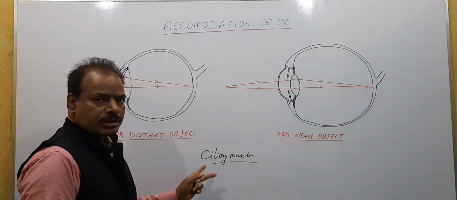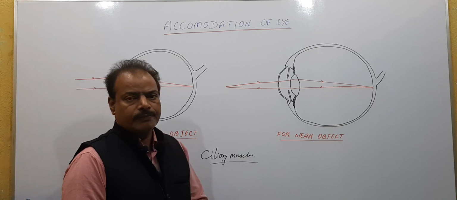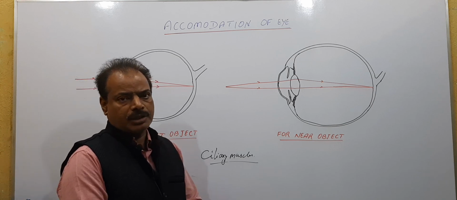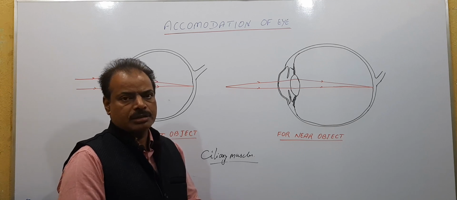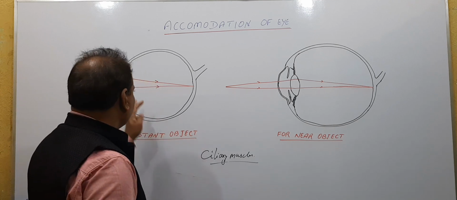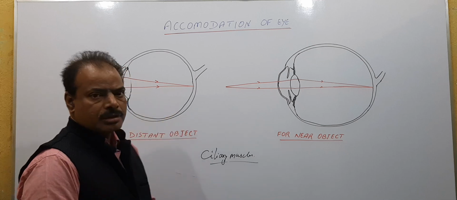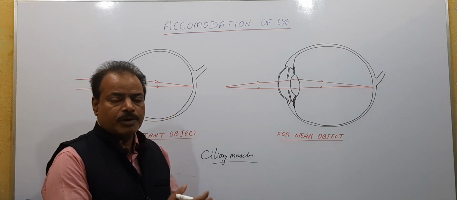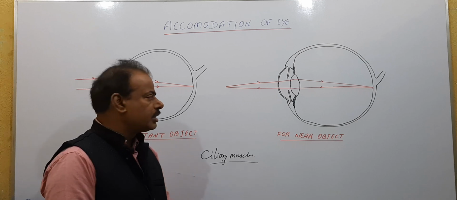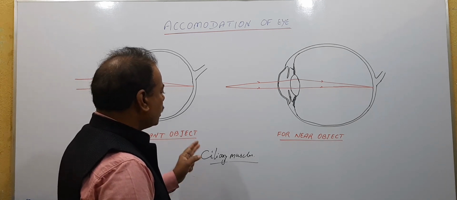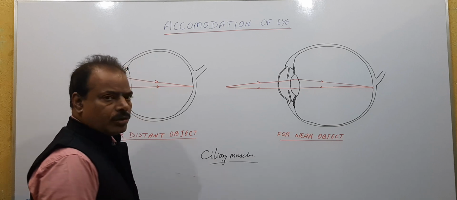So these two different types of tissues help in adjustment of the lens by contracting or relaxing. In this way, the shape of the lens alters to see a near object as well as a far object, and it is known as accommodation of the eye.